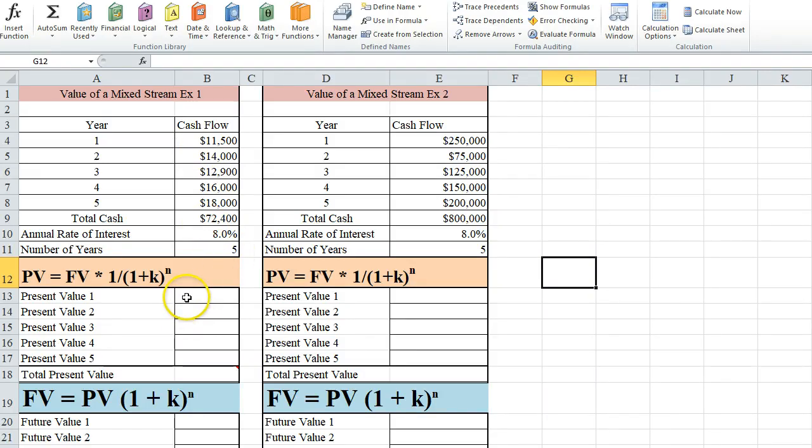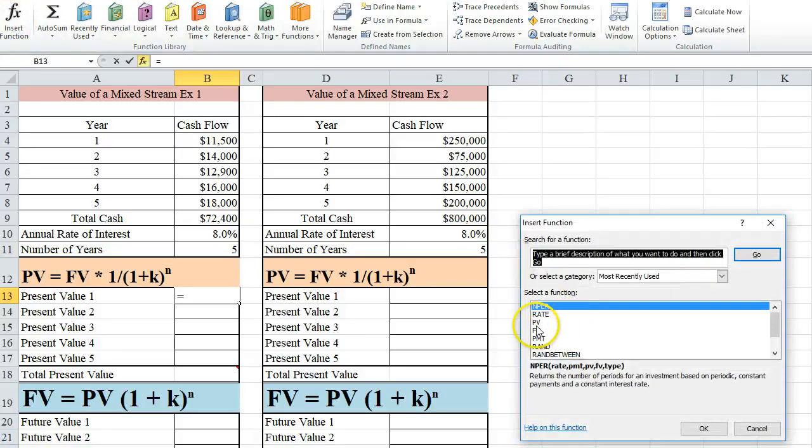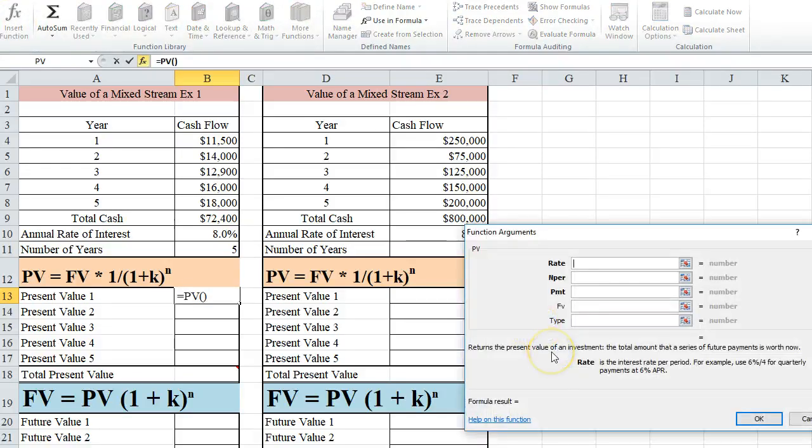We could calculate each of them individually using just the present value formula. So if we wanted to calculate each of these individually, we would have to go in and click on present value, and put in the rate.